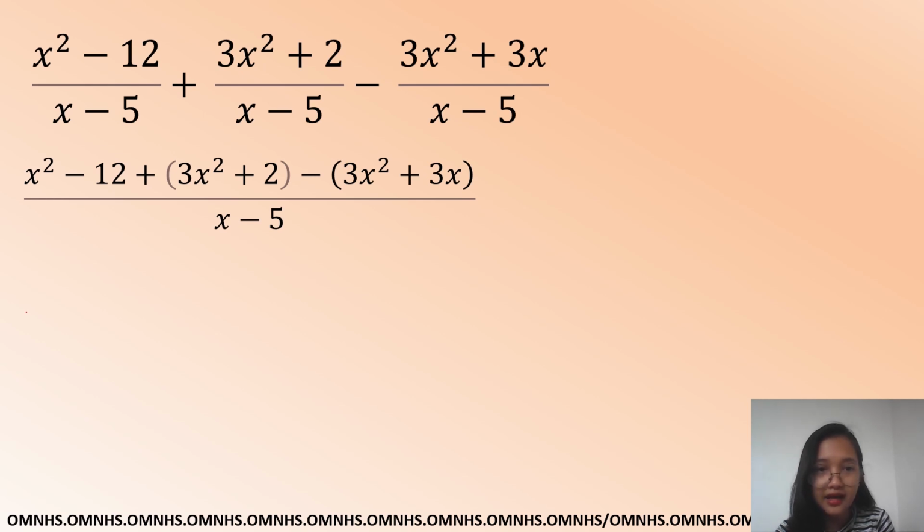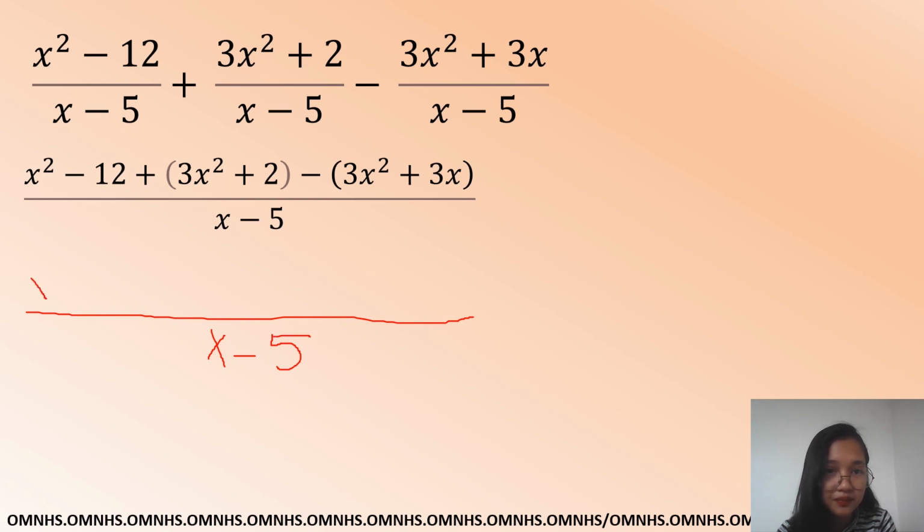Okay, so let us first copy the denominator, x minus 5. And then x squared minus 12 plus 3x squared plus 2.